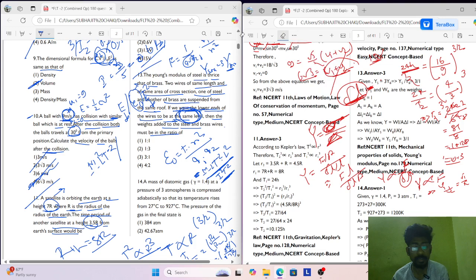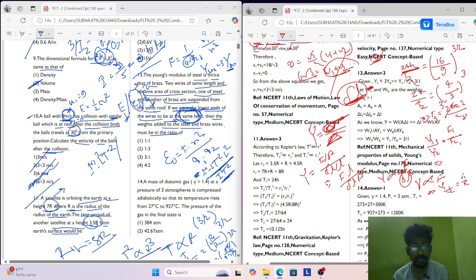Y1 is of steel, Y2 is brass. So this is equal to F1 by F2. This is the force in steel, this is the force in brass.